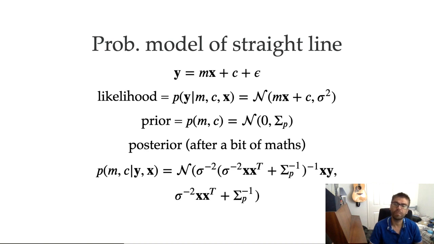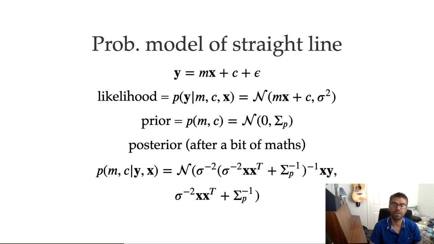And we have to assign a probability distribution to the likelihood. So for this example, we'll say we think the measurement error epsilon takes a Gaussian or normal distribution N. The second component, the prior probability distribution, allows us to quantify what we think those values are allowed to take for m and c.